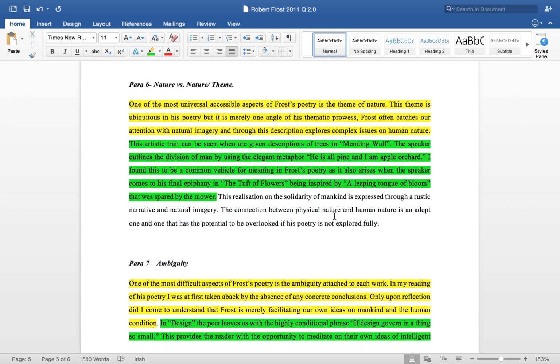The connection between physical nature and human nature is an adept one, and one that has the potential to be overlooked if his poetry is not explored fully. So there is my explanation. Again, I think this is a solid paragraph that you guys can base a lot of your answers on. PQE, quotes are ask quotes, and we have a decent explanation here as well.